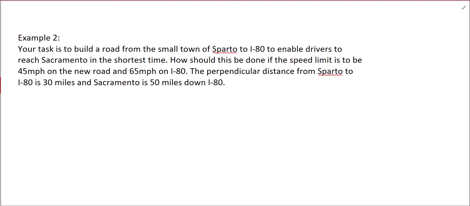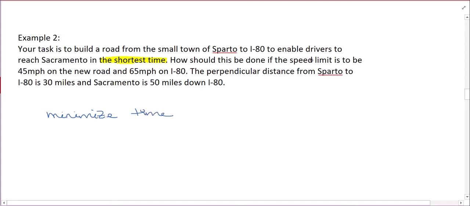We want to minimize, right? Because notice that it says we want to build a road from the small town to enable drivers to reach Sacramento in the shortest time. So that is the shortest, an indication of minimize. So we want to minimize time.